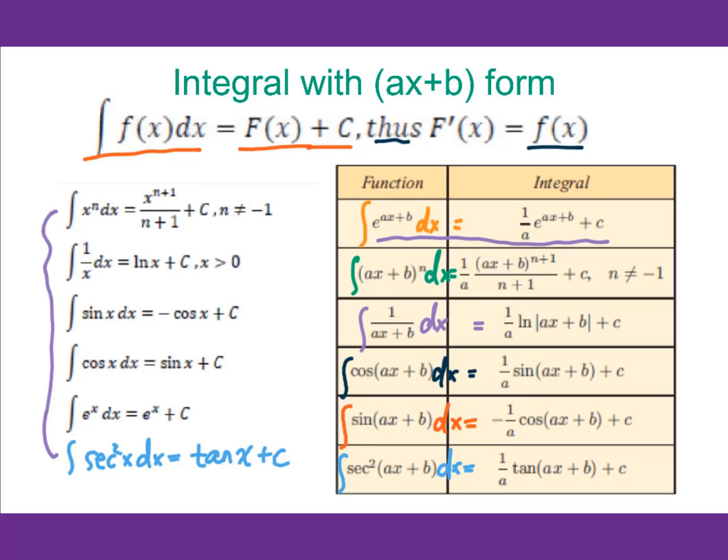You could say for each you have 1 over a as a coefficient. Then here's ax plus b. This is ax plus b. So you just switch this x into ax plus b. Then make your integral, you multiply by 1 over a.